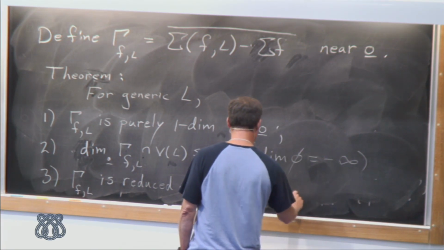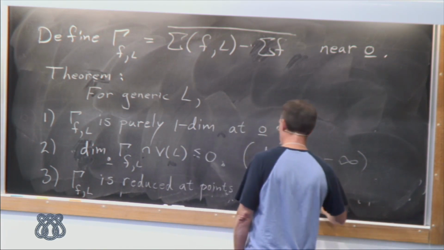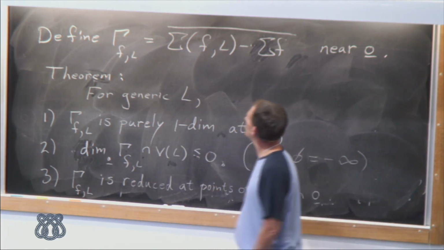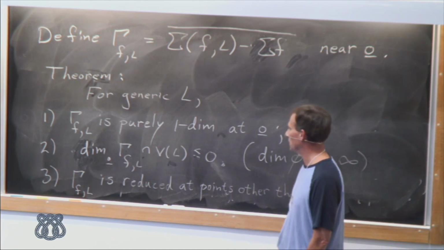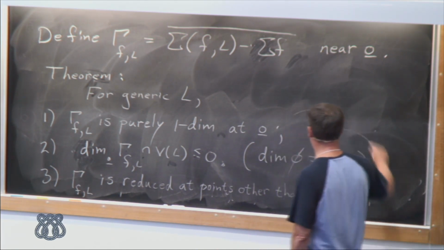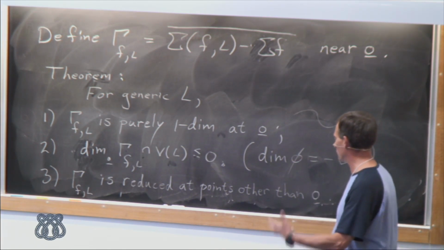I don't want to emphasize this one much. Let me do an example, and maybe I'll come back to this one. These are the two big properties you want to make most arguments work. This one is just extra.